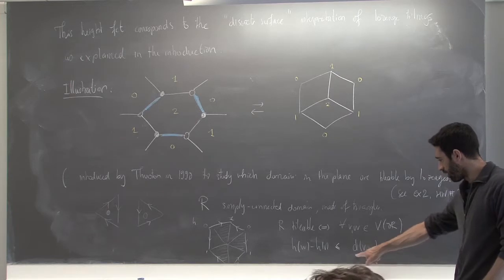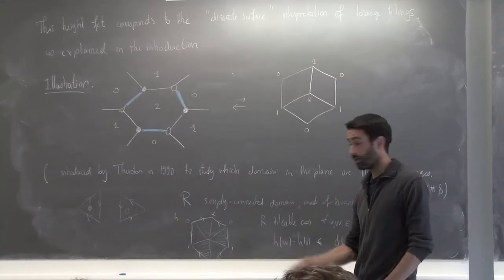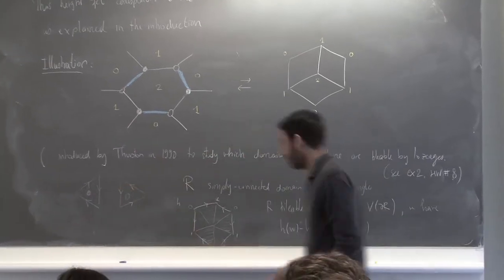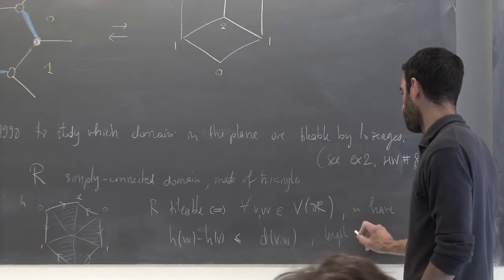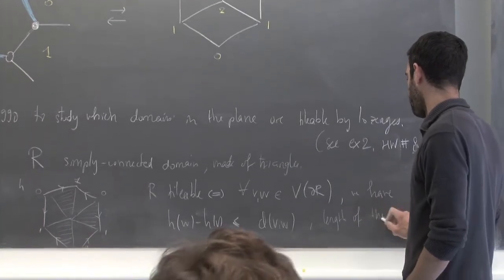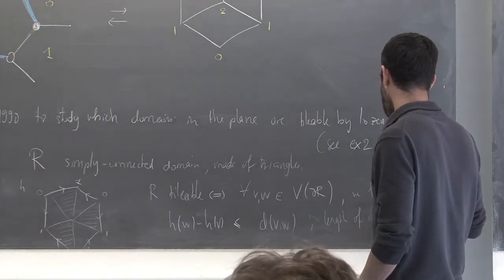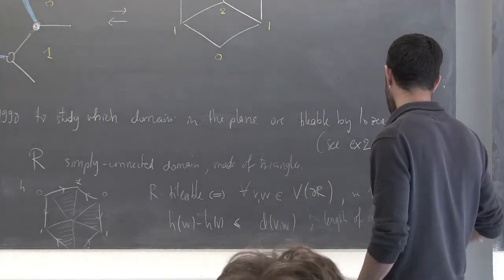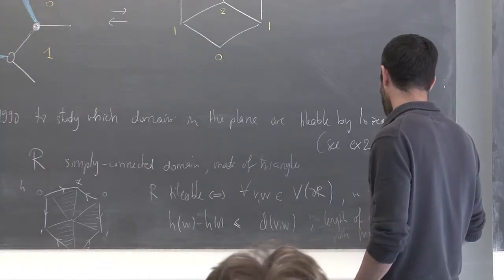This is the length of the minimal oriented path, oriented with these orientations here. This is the minimal length of an oriented path from V to W.